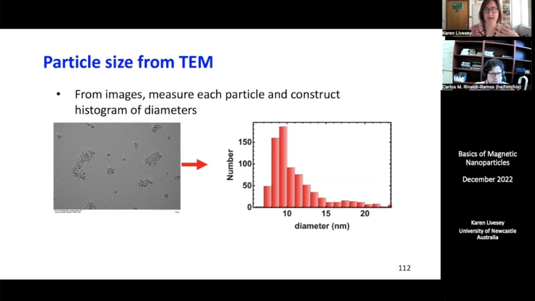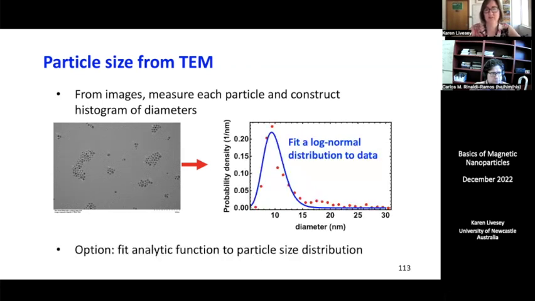But if you want something analytic to use in calculations or subsequent analysis, you can fit what's known as a log normal distribution to the data. You can see the log normal distribution isn't perfect because, for example, there was a second little lump up here around 17, 18 nanometers, which the log normal distribution can't capture.